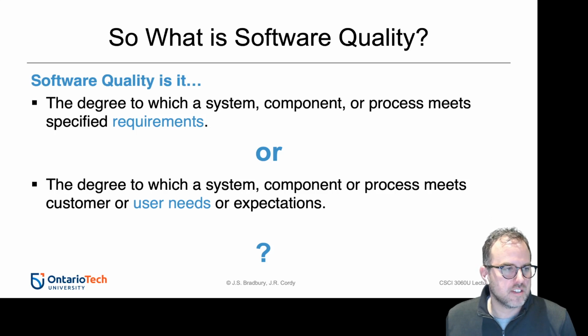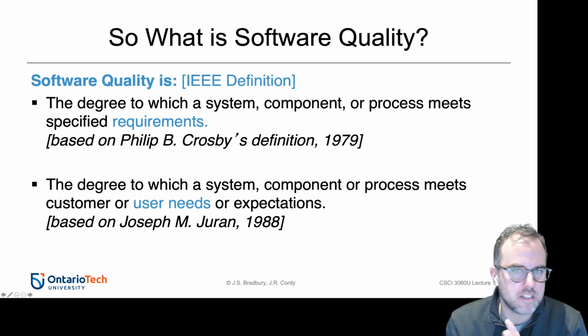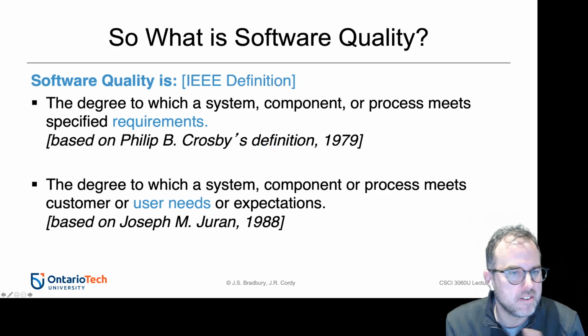Yeah, so a couple of people said both, and the reality is that the IEEE, the Institute of Electrical and Electronics Engineers, which includes software, actually defines software quality as being both. Either of these definitions is appropriate. If you think about them, there is a large overlap. It's just the perspective you take.